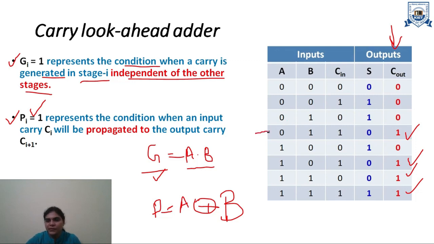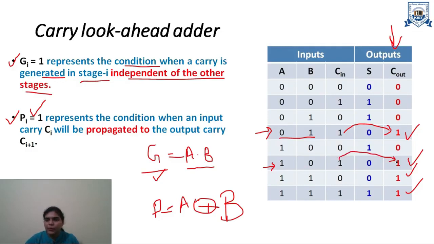For this combination, G equals 0 but P equals 1, because 0 XOR 1 is 1. So it will propagate the carry to the higher level, the next stage. Here in the next row, you will notice that 1 XOR 0, so P will be 1. Here too, the carry will be propagated.